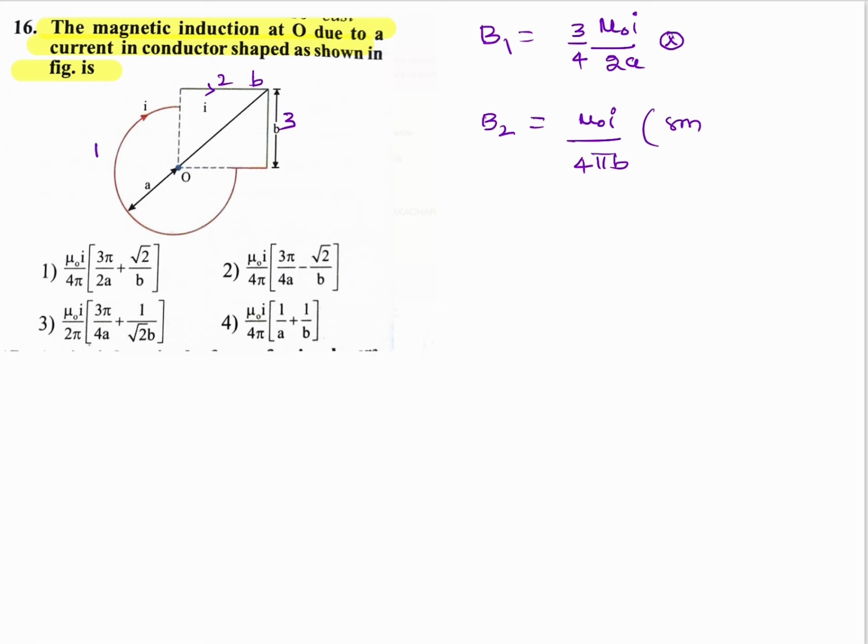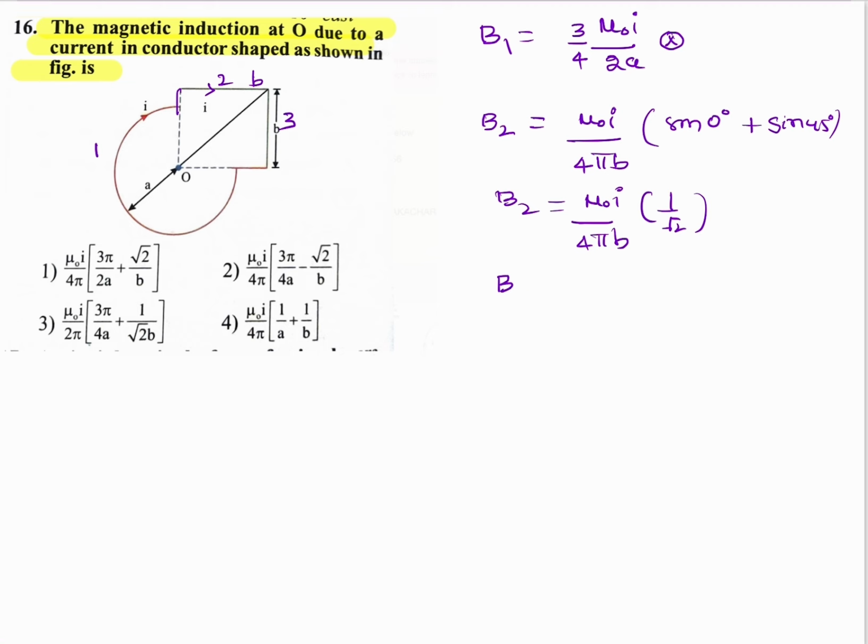Sine alpha, with alpha equal to 0 degrees, is sine 0, plus beta equal to 45 degrees, so sine 45. For B3, the third segment, we will also get the same. So B2 equals mu naught I by 4 pi b, times 1 by root 2.